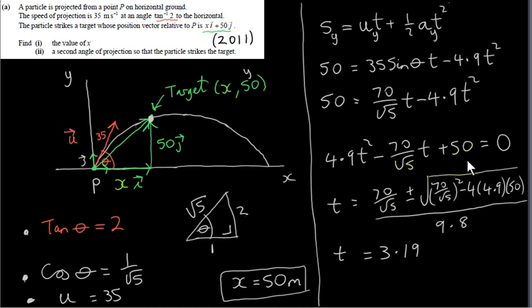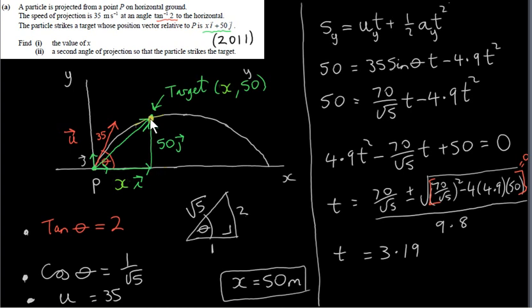So we need to start by solving this quadratic equation. We get this quadratic equation in t, we solve it, and we find that we just get one value for the time, because everything in here is actually 0. Now what does that tell us? It tells us that there is only one time to hit a target that is 50 meters above the ground.